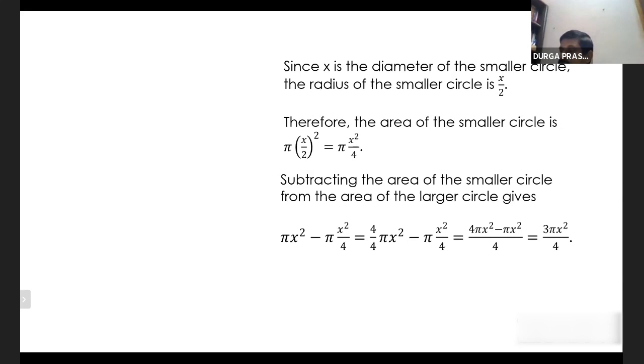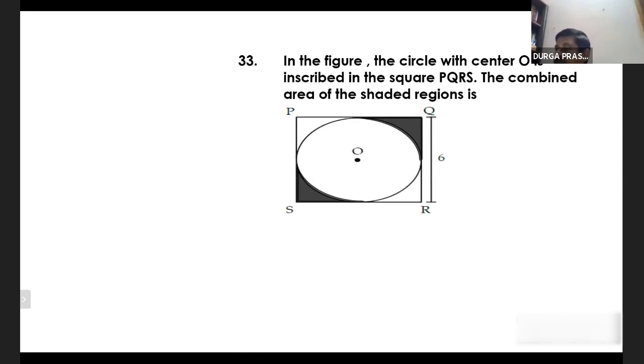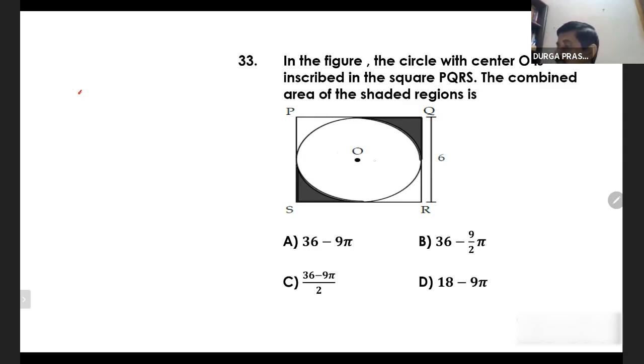So, look at this. In the figure, the circle with center O is inscribed in a square PQRS. Combined area of the shaded region. See, if you take the 4 zones outside the circle, side is given as 6, so radius should be 3.